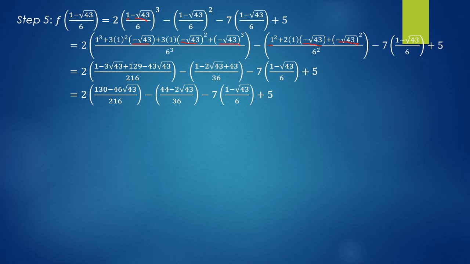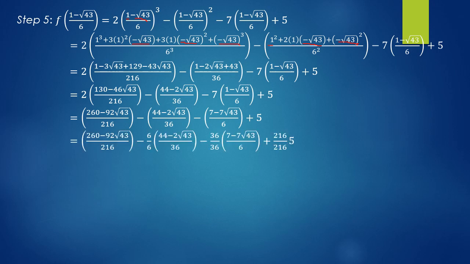We get 1 plus 129, that's 130. Negative 3 square root of 43 minus 43 square root of 43 is negative 46 square root of 43. And then we multiply those by 2, and this one by 7. The least common denominator of 216, 36, and 6 is 216, that is basically 36 times 6.